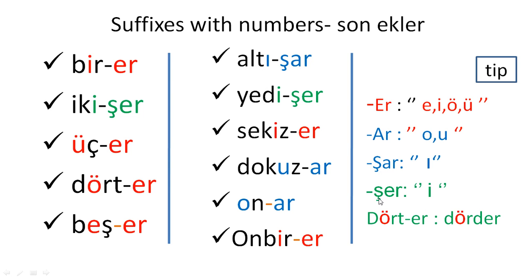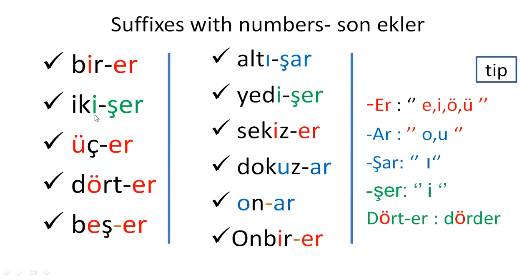Now, if the word finishes with the letter i, put şer. What I mean is the last letter must be i, then you can use şer. If it's before that, then you say er, not şer.